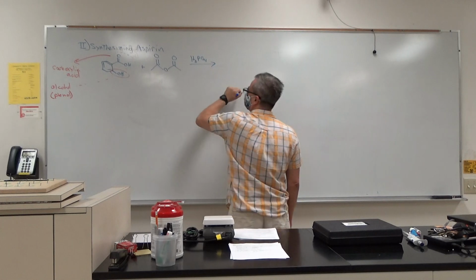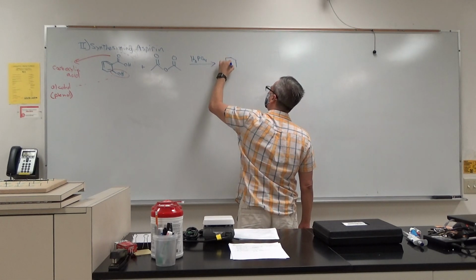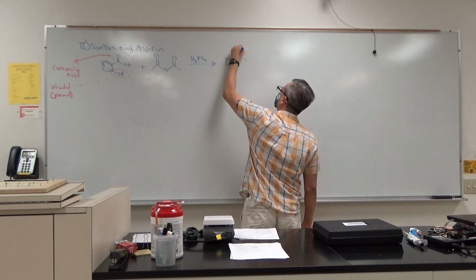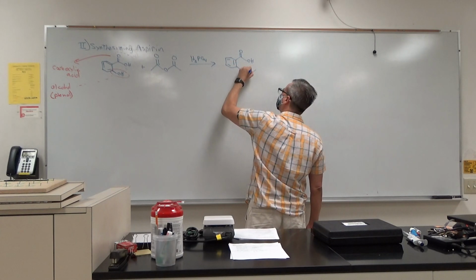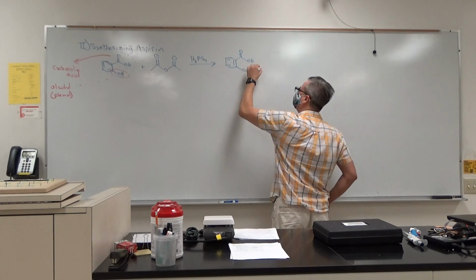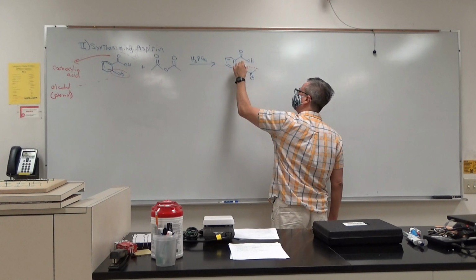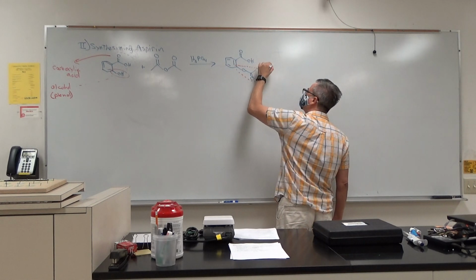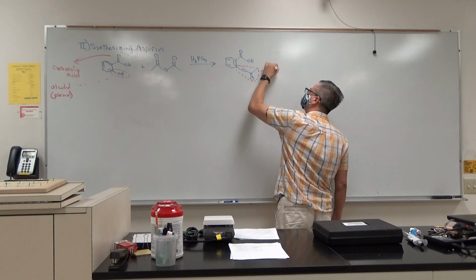And what happens is we end up converting that phenol into a new functional group. No longer an alcohol because the H is gone. This is known, easy to remember, it's a woman's name. This is an ester.